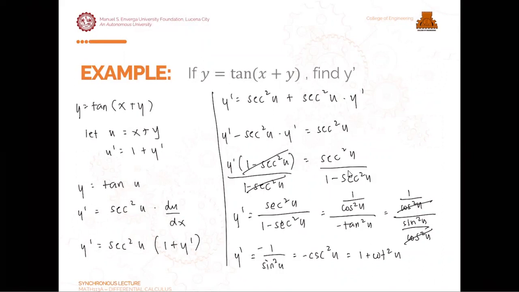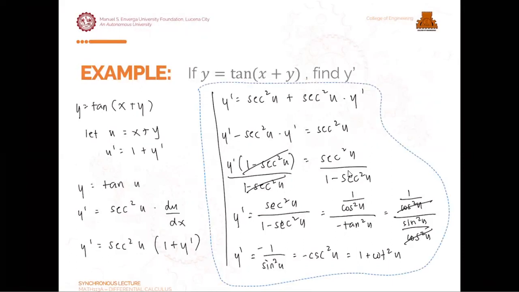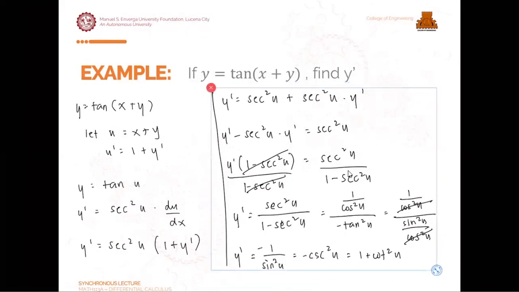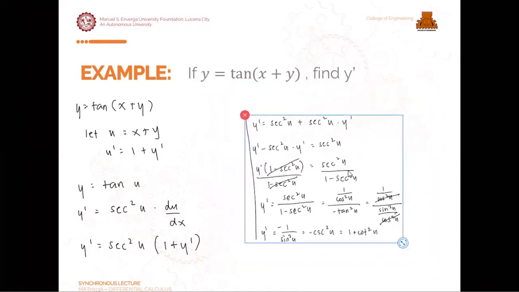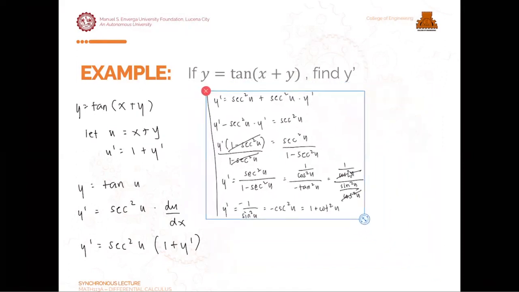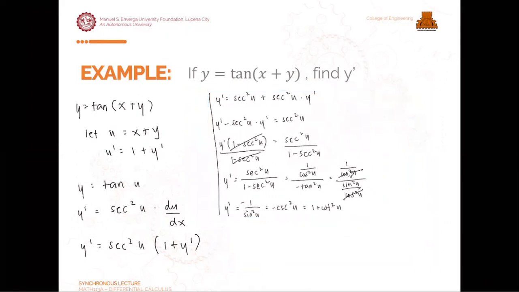Okay. So, let me try to reduce lang yung size nito. Okay.